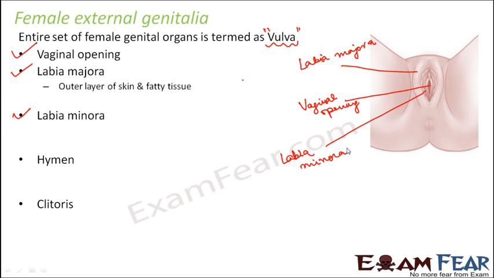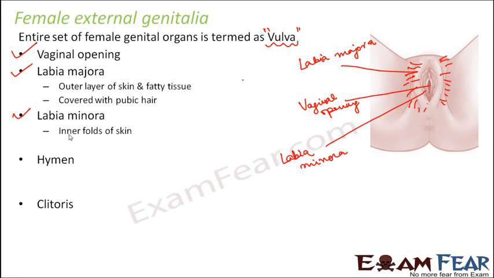The outer layer is made up of skin and fatty tissue, and it is also covered with pubic hair. So hairs are also seen in this region. A lot of hair in the genital region, and these hairs also develop during puberty.